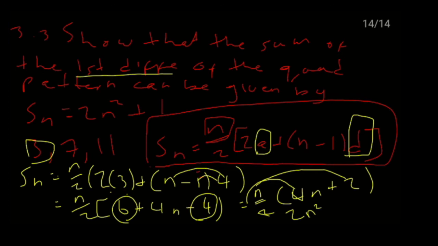Remember, you multiply the n's, which is 2n squared, and if you distribute n over 2 into the 2 over here, n over 2 times 2 should give you n. So we have proven that the sum of the first difference of the quadratic number can be written as 2n squared plus n.